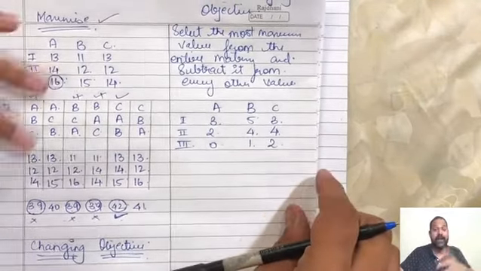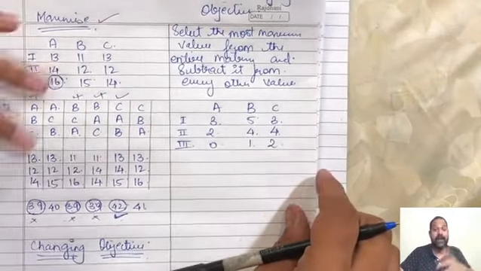A, B, C, 1, 2, 3. In this row, there are 2 zeros. In this row, column reduction. This column already has a 0. This column, least is 1. 2 minus 1 is 1. 2 minus 1 is 1. 1 minus 1 is 0. This column already has a 0.